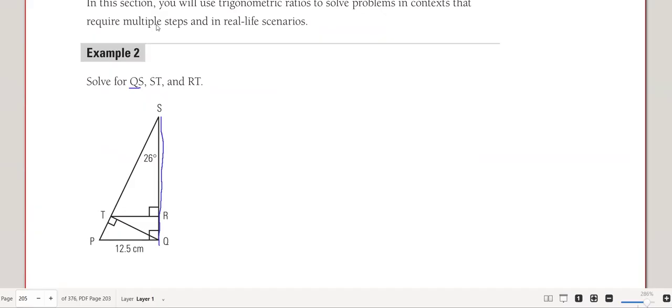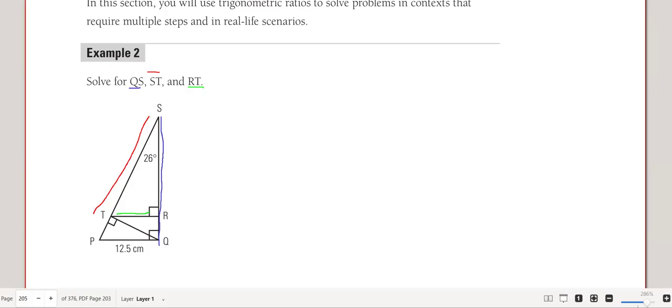It wants us to find ST, which is this line right here, and it wants us to find RT, which is this line right here. Very difficult to do, right? That's not an easy thing to be able to do.